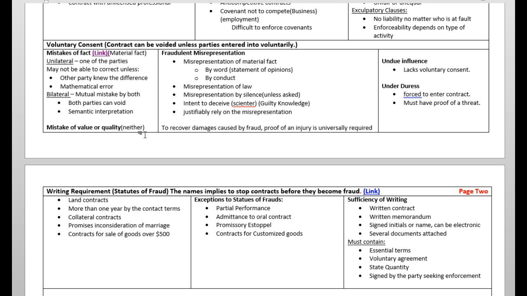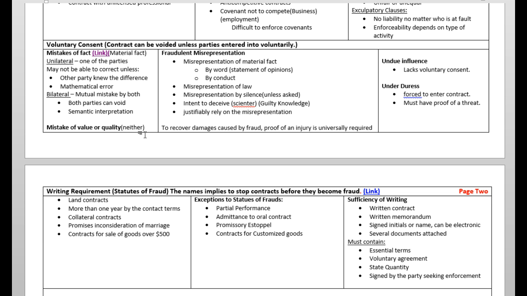And if the other person relies on the misrepresentation as the full reason for buying whatever you're selling, it could be voided. And then to recover damages caused by fraud, proof of injury has to be very evident and has to be proven. Fraudulent misrepresentation requires proof.